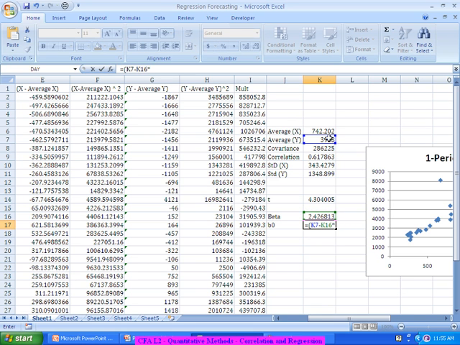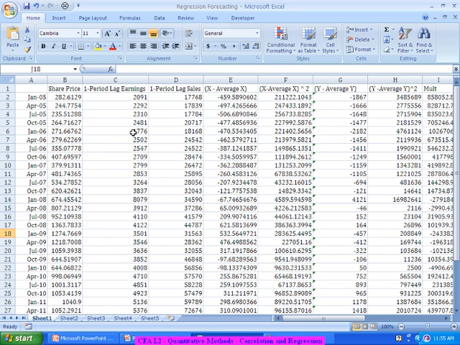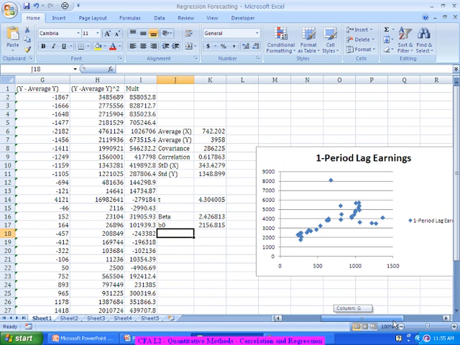That gives me the value of b naught. So in simple sense, this equation is y, which is the 1 period lag earning I've taken as y, equal to b naught, which is 2156, plus 2.42 times the other variable x, share price.